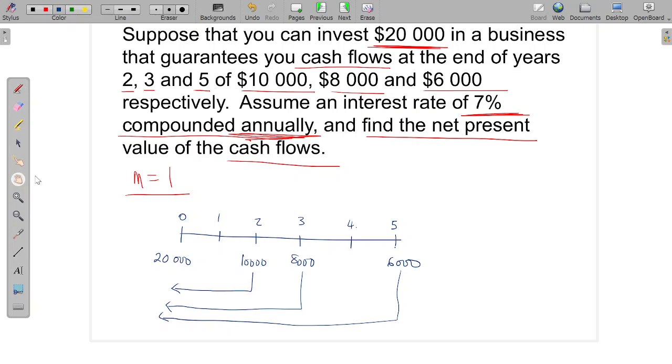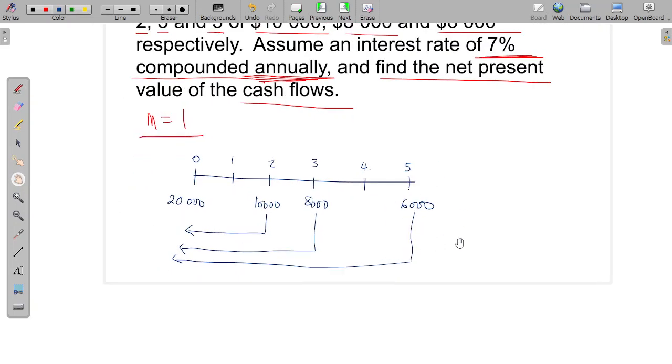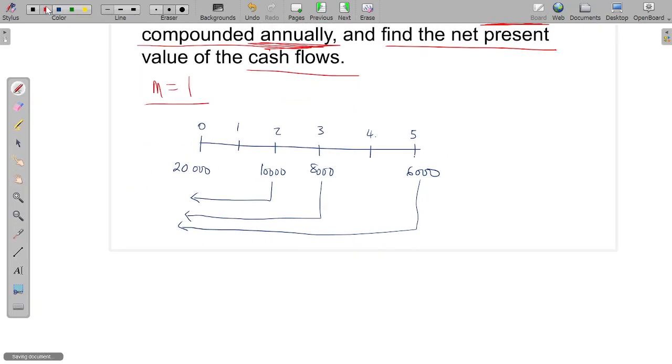In order to find our net present value, we use that formula. Net present value is now all these at the present value. So that means we are going to have 10,000 into what is our R?